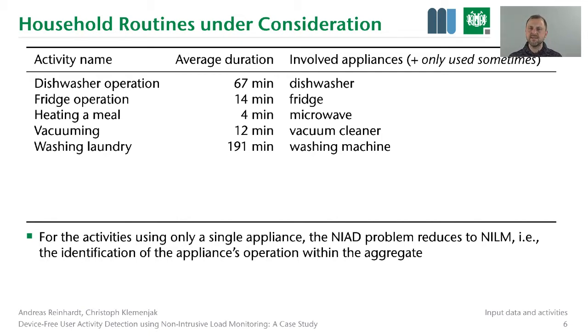Those activities are different to the ones I'm going to introduce in a second in that they actually just involve a single appliance. So in these cases, NIAD reduces to NILM. We're just looking into the data set and trying to find out, has somebody operated the vacuum cleaner? If so, then that maps to the vacuuming activity.